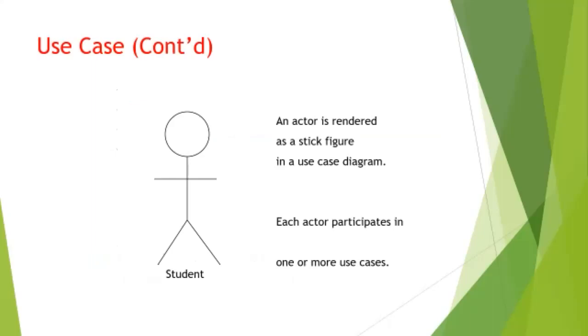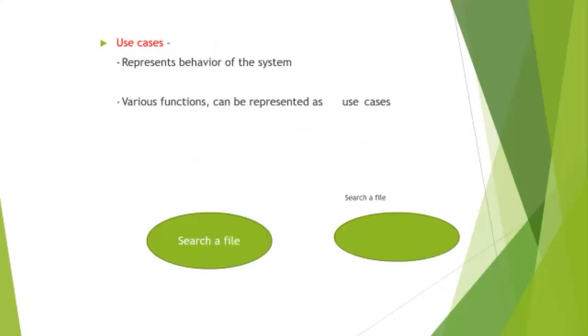This is the notation or simple diagram of an actor. An actor is rendered as a stick figure in a use case diagram. Each actor participates in one or more use cases.